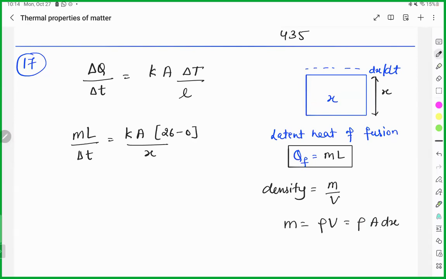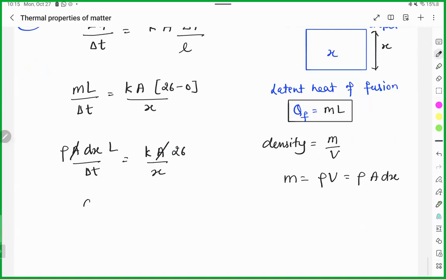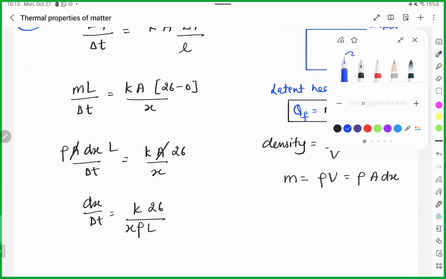So instead of m, you can write rho A dx. So rho A dx L by dt is equal to K A 26 by X. A cancels. What will be the value of dx by dt? It is equal to K 26 by rho L X. Tell me, do you have any doubt?